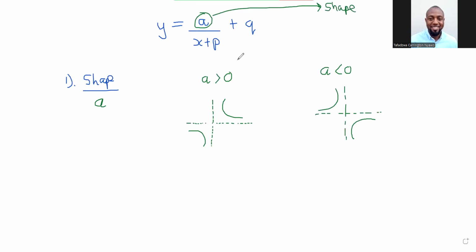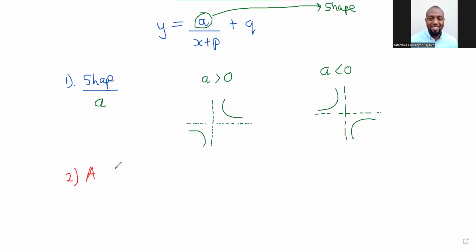All right. So after we have found our shape, it takes us to step number two, which is to find the asymptotes.